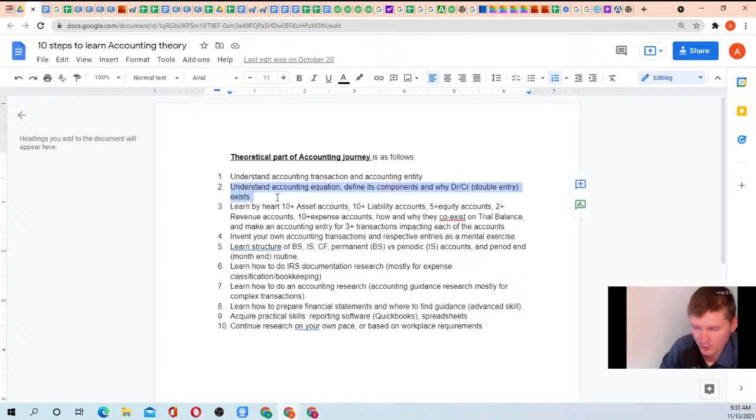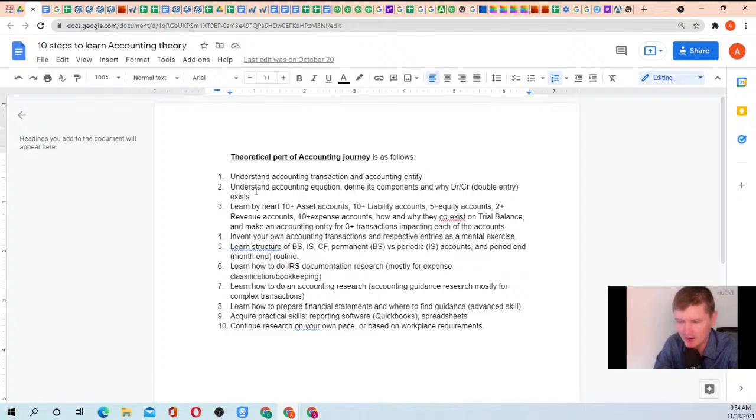Understand the accounting equation, define its components, and why debits equal credits. We did that too. Assets should be equal to liabilities plus equity, because equity is defined as whatever is left of your assets after liabilities are deducted.